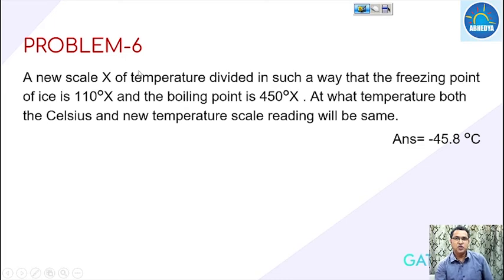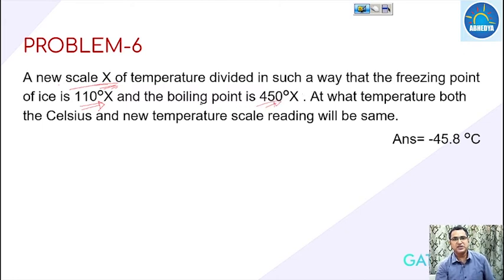Now discuss one more problem. The question says that a new scale, again a new scale means there is a scale which measures some different thermodynamic property x, a new scale x of temperature divided in such a way that the freezing point of ice is 110 degree x, and its boiling point is 450 x.